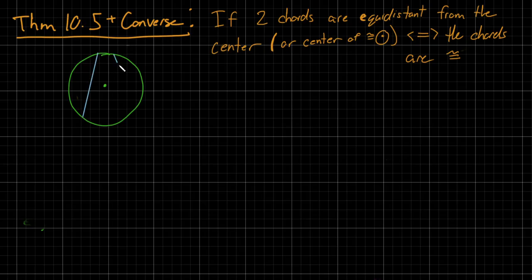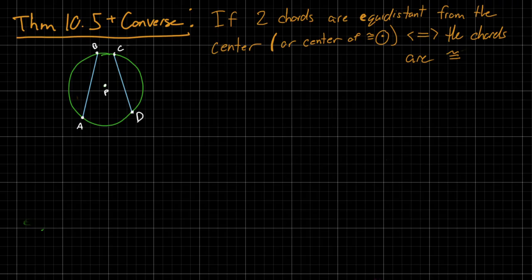One like this, and one like so. So these are my 2 chords. Let's label it A, B, C, D, and my center point will be P.